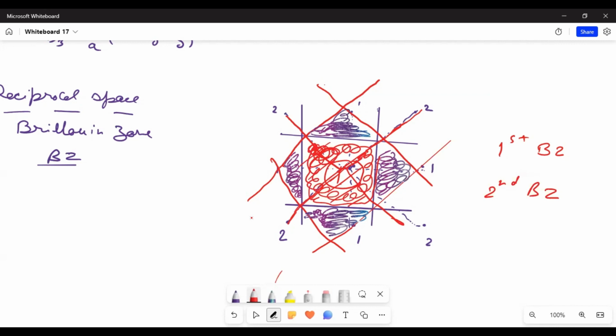So if we go from this side to this side, it crosses only this one plane, and this area corresponds to the second Brillouin zone. If we add these four triangles, they give the same area as this rectangle. So every Brillouin zone has the same area.